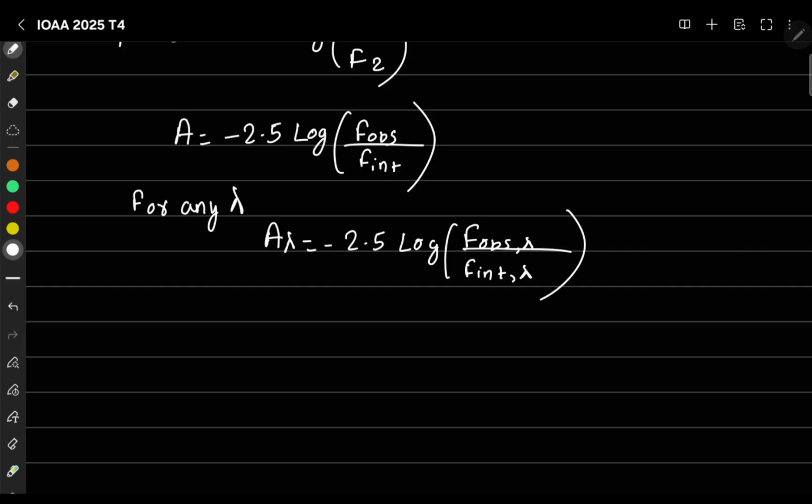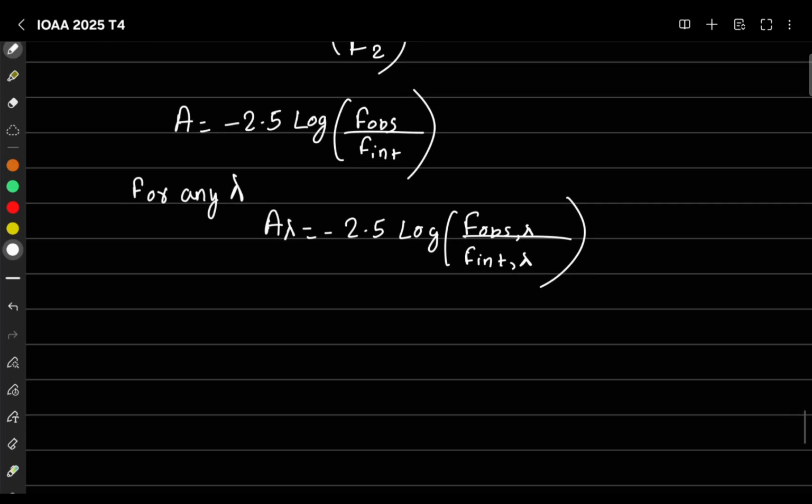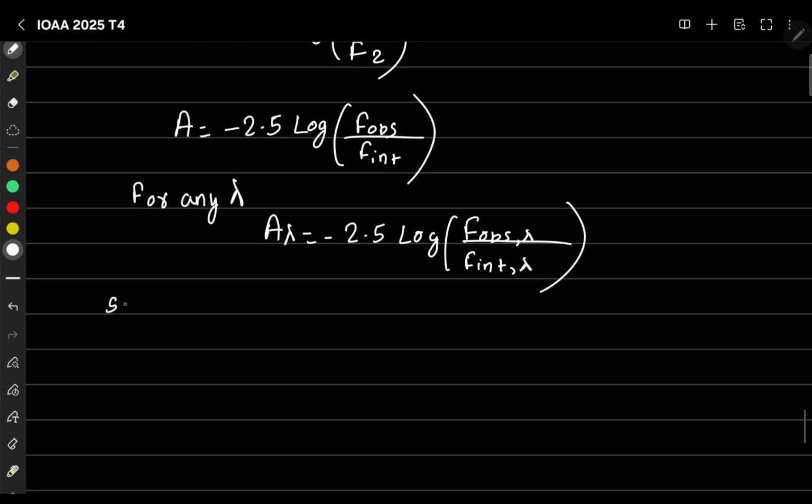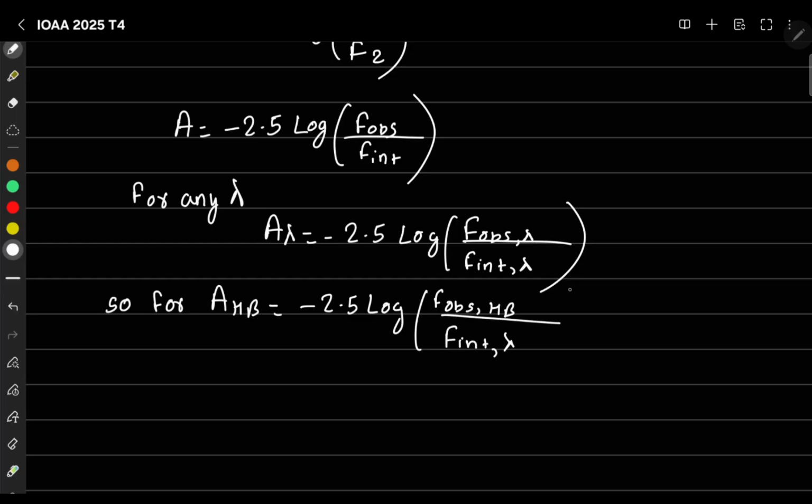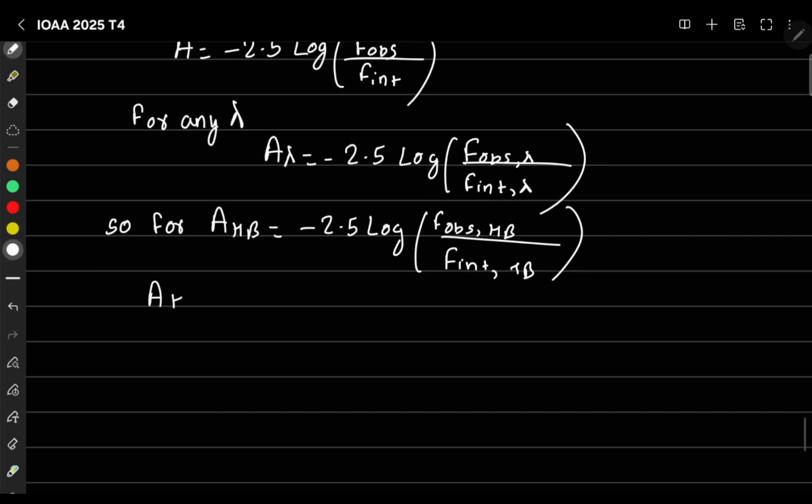We got this value, right? Okay. Now for A_Hβ, I can write minus 2.5 log of f_observed at the Hβ wavelength over f_intrinsic at the Hβ wavelength. And similarly for A_Hα, minus 2.5 log of f_observed at that wavelength over f_intrinsic at that wavelength.